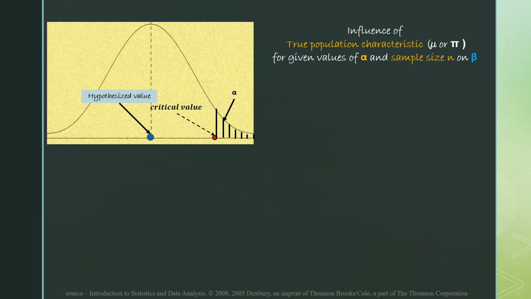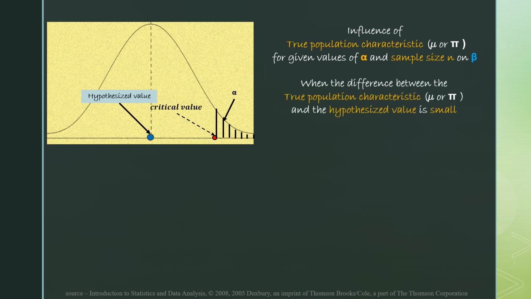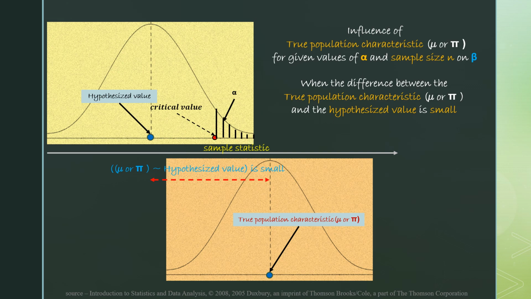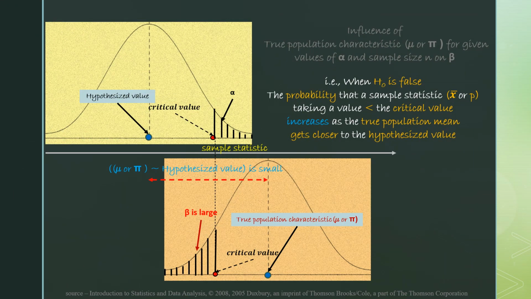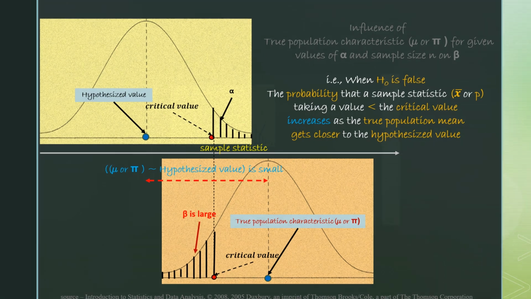Influence of true population characteristic mu or pi for given values of alpha and the sample size n on beta. When the difference between the true population characteristic mu or pi and the hypothesized value is small, that is when both are closer to each other, beta is large. That is, when H0 is false, the probability that a sample statistic x bar or p taking a value less than the critical value increases as the true population mean gets closer to the hypothesized value.